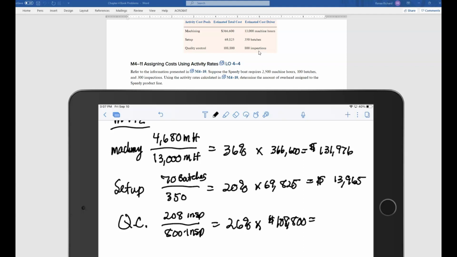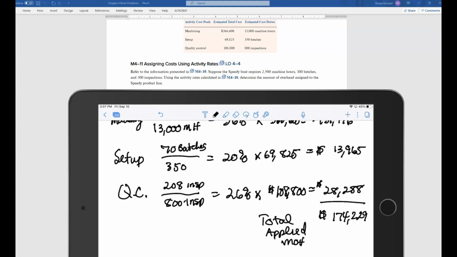So 26% of the quality control costs go to the luxury boat. That's 28,288. And then if you add all of those up, that's your total applied MOH: 174,229.